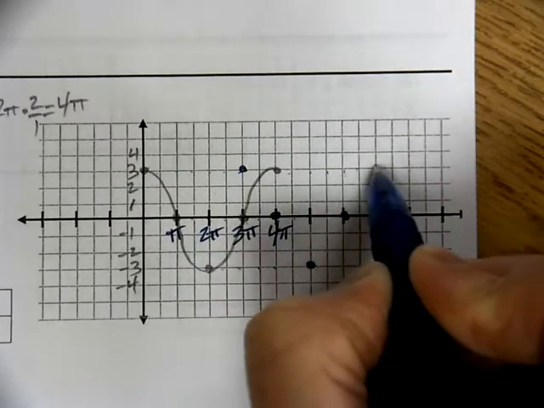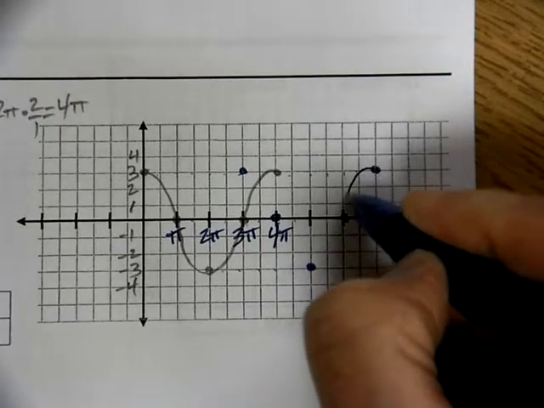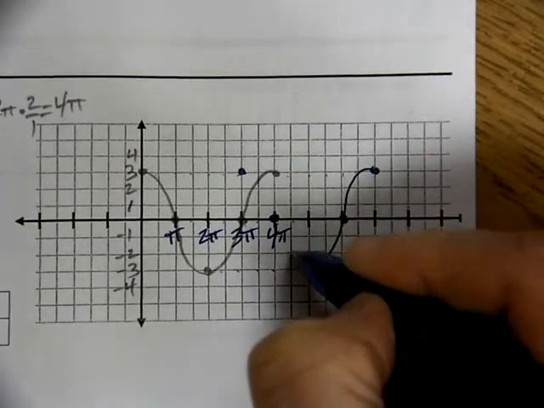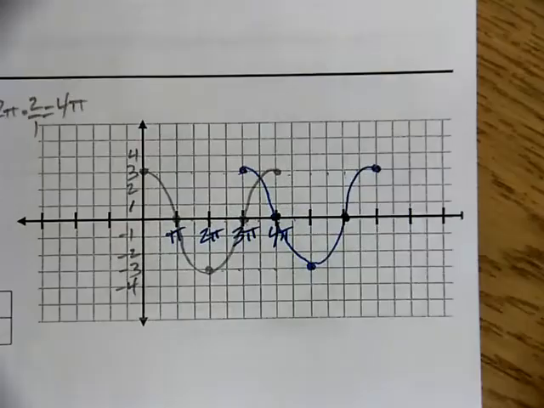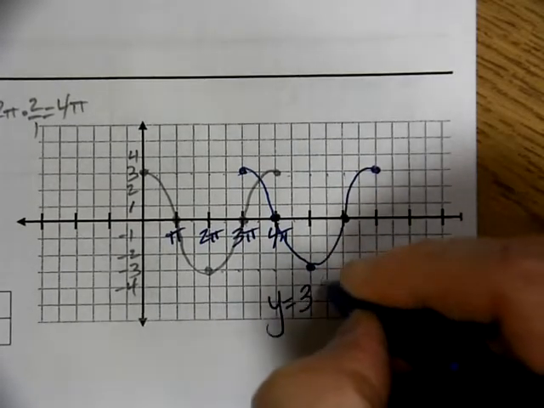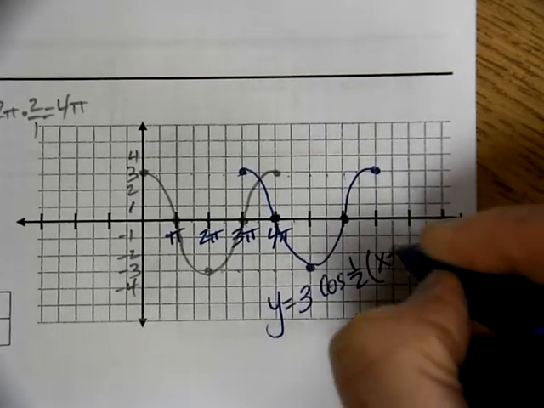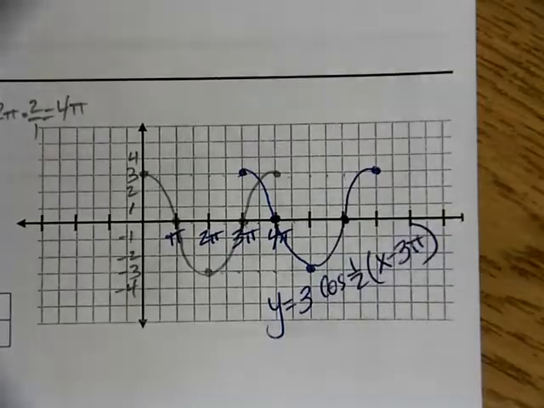There's our new points. We curve it right through. This equation was 3 cosine of half x minus 3 pi.